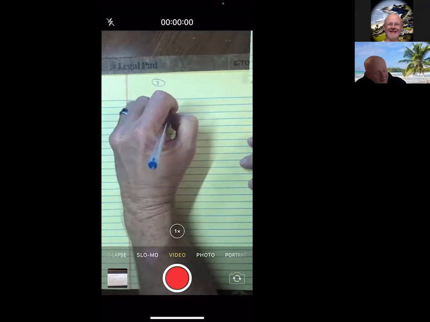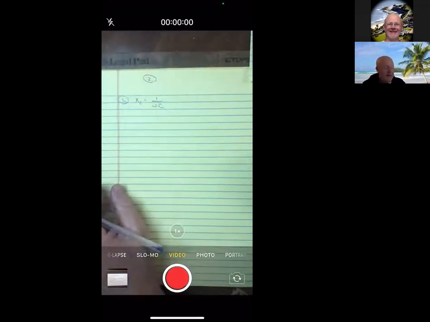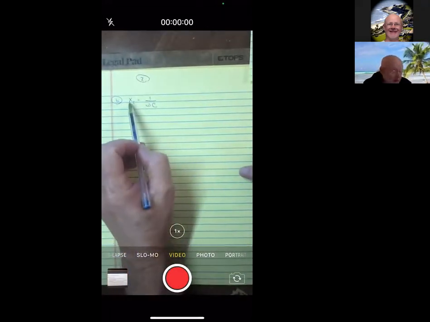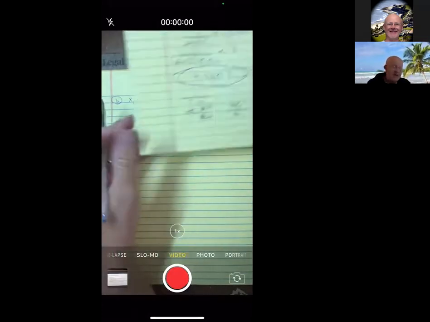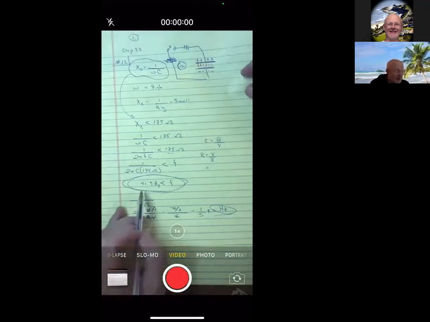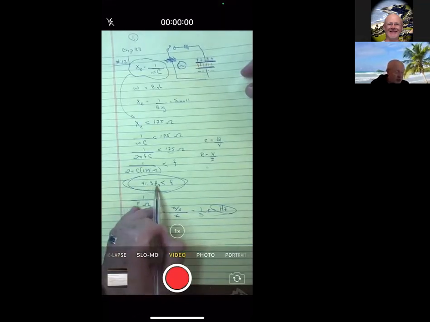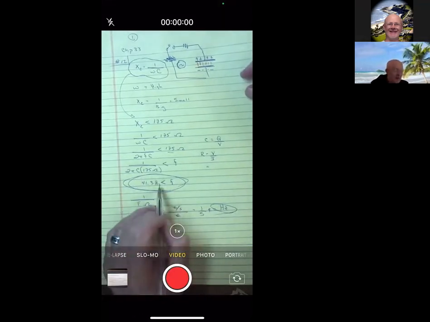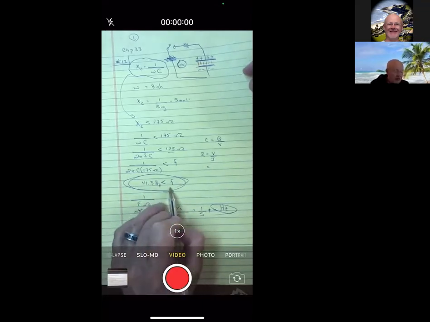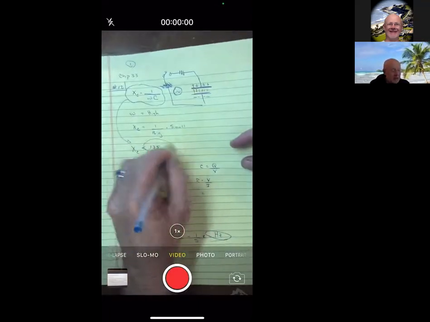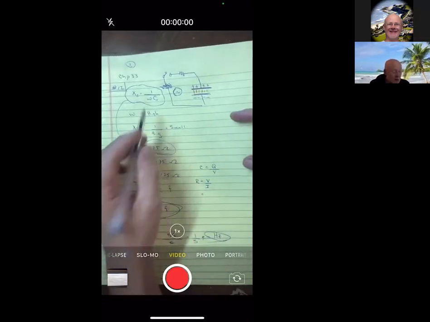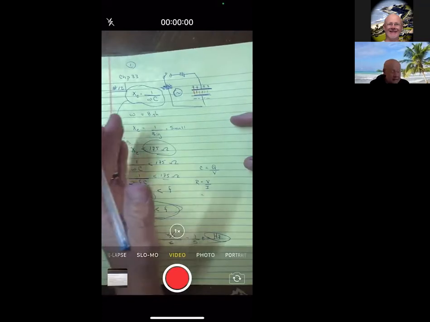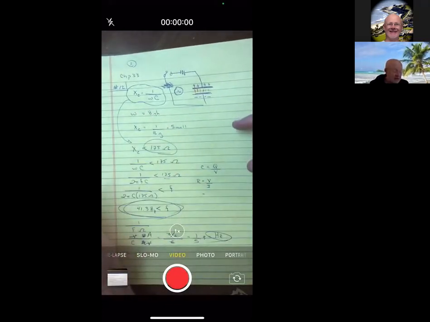Remember that this is the idea of the reactance. And we're saying back here that at 41.3 hertz, the reactance would be 175 ohms, and for anything greater than that, it would be less than 175.